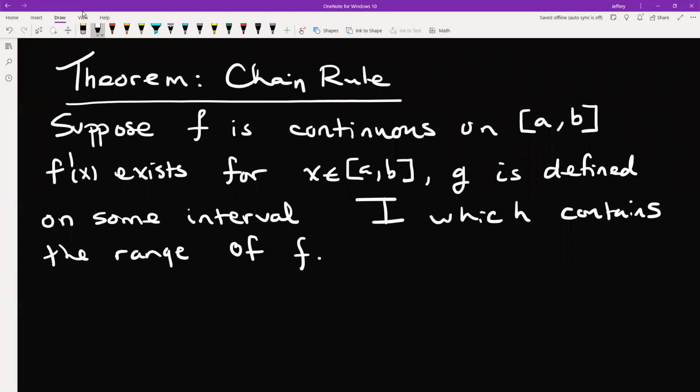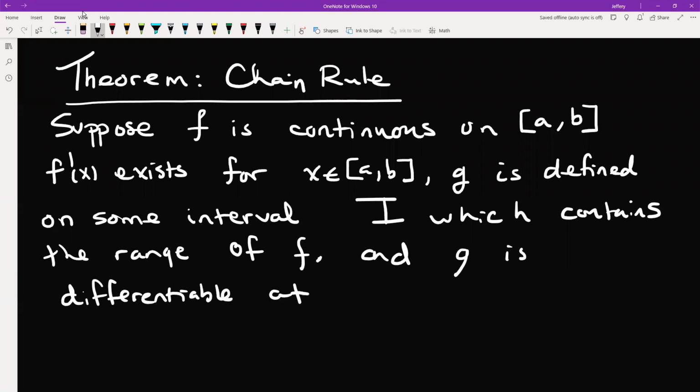Okay. So I contains the range of f, and furthermore, g is differentiable at some f of x, which is in I.